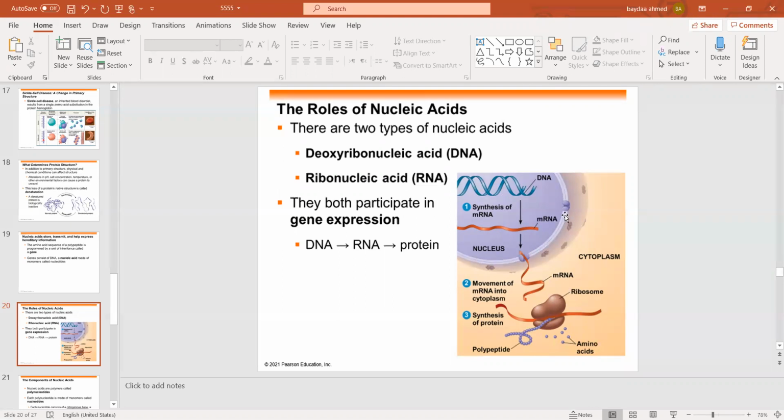This entire process is called gene expression. DNA is the genetic material that organisms inherit from their parents. Each chromosome contains one long DNA molecule, usually carrying several hundred or more genes.